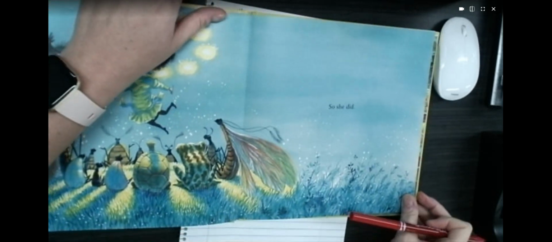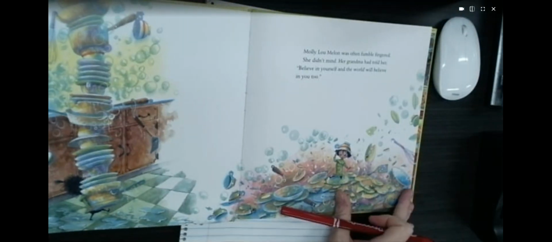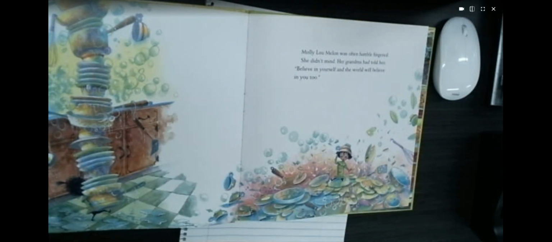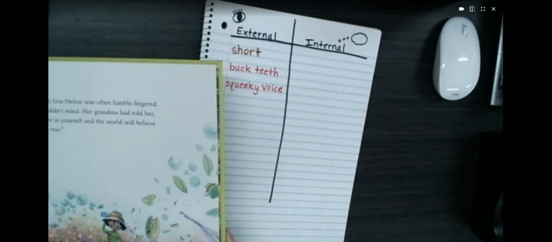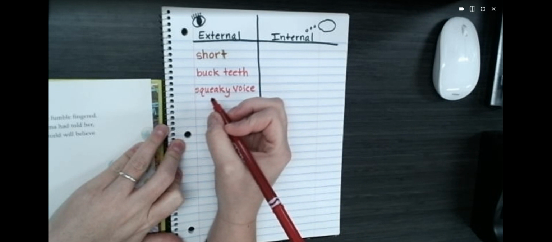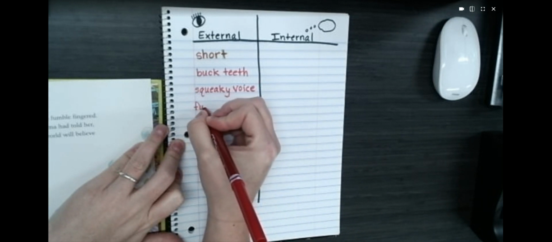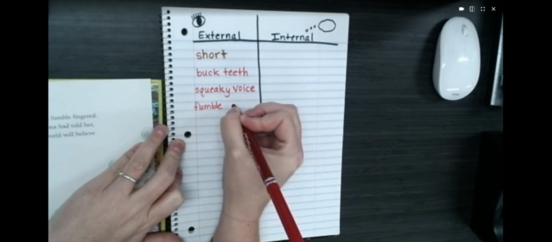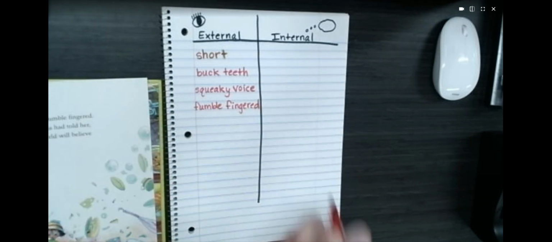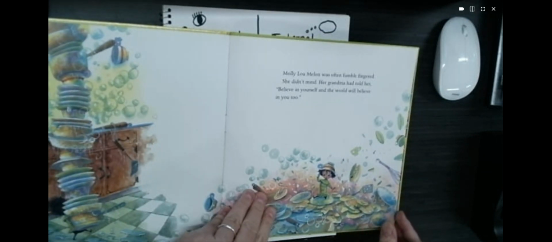Let's see what else. Molly Lou Melon was often fumble-fingered. That means she had a case of the dropsies. She dropped stuff all the time. Mrs. Trinka is very fumble-fingered, so I have a connection. Fumble-fingered means that she dropped things a lot.